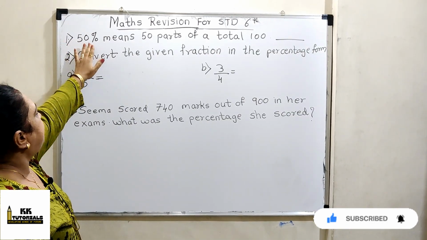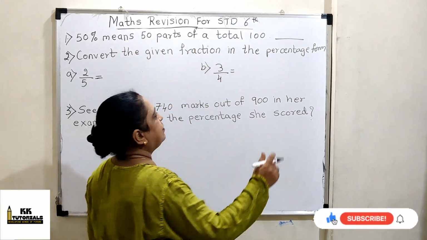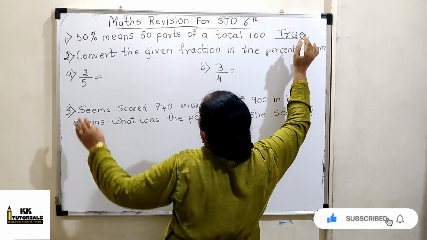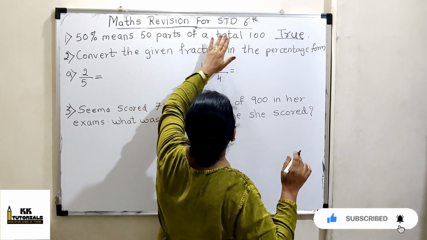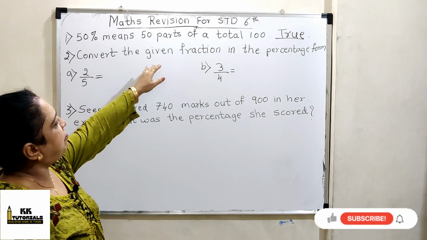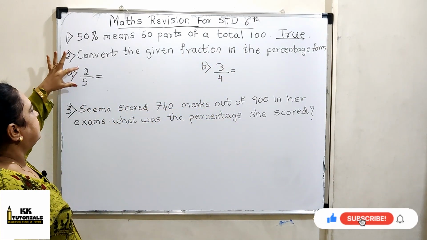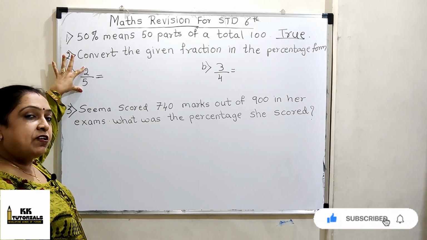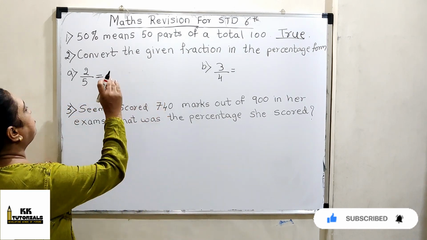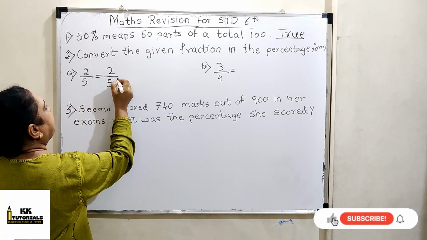Percentage sums. 50% means 50 parts of the total 100. It's true. Okay. Now, convert the given fraction in the percentage form. To convert in the percentage form, first of all, the denominator, what you have to do? 2/5.